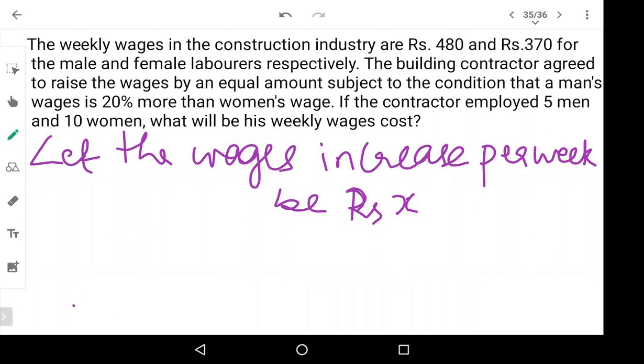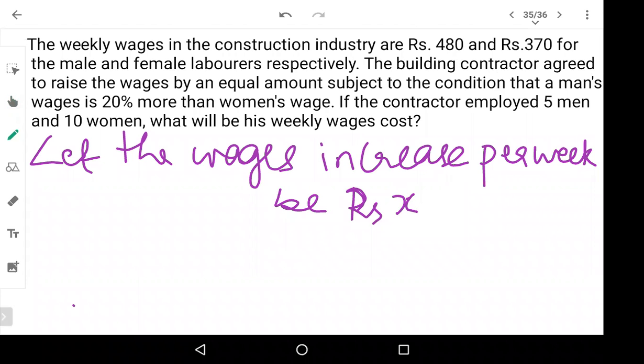So however much they have increased, let it be X. Why have we taken this as X? You'll understand in the derivation, but you have to be a little careful in what you assume as X here. Here it says the building contractor is increasing the wages. That part I have taken as X.